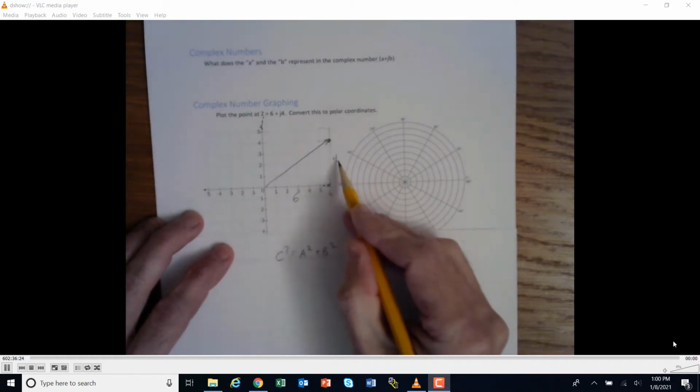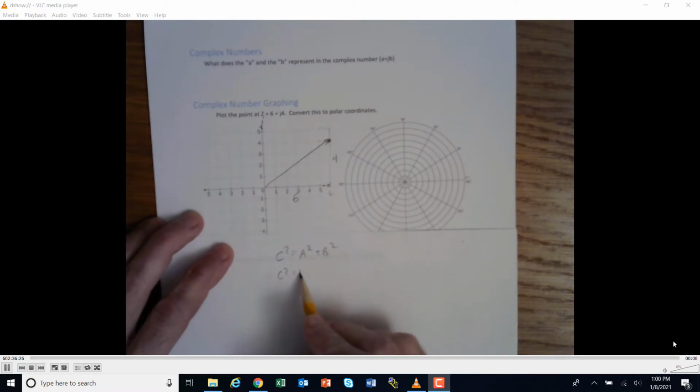So we take 4 squared plus 6 squared. So c squared is equal to 4 squared is 16, and 6 squared is 36. So c squared is equal to 36 plus 16. Looks like 52 in my book.